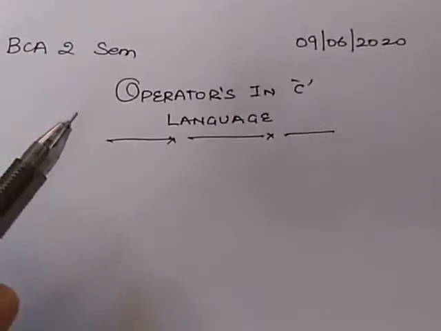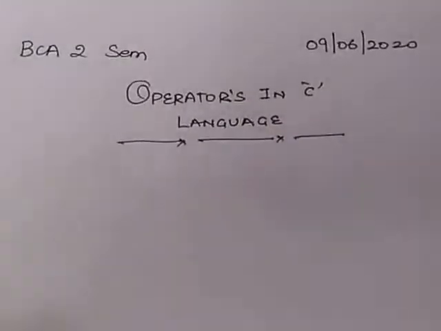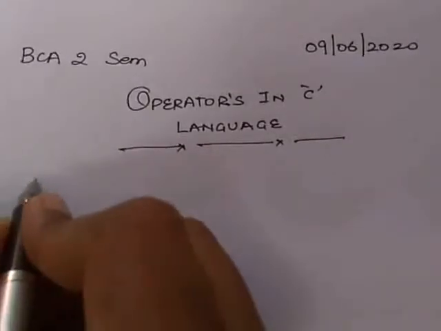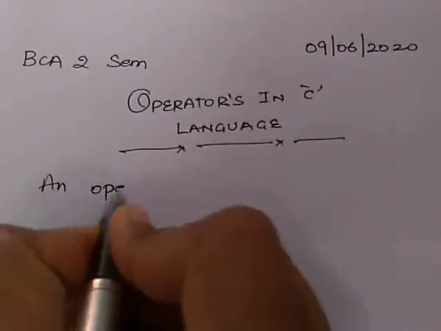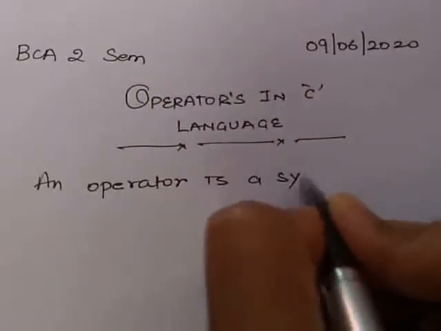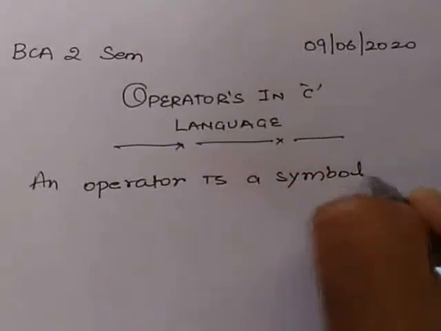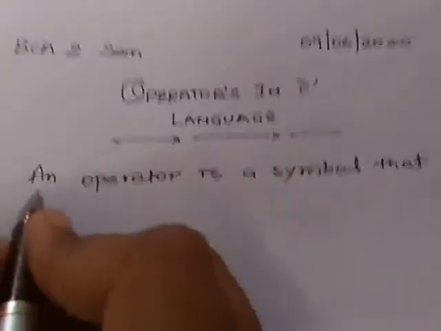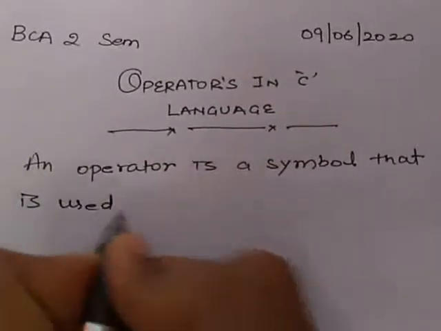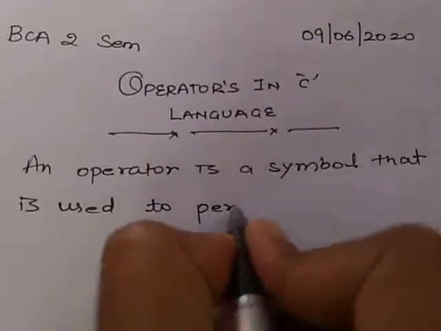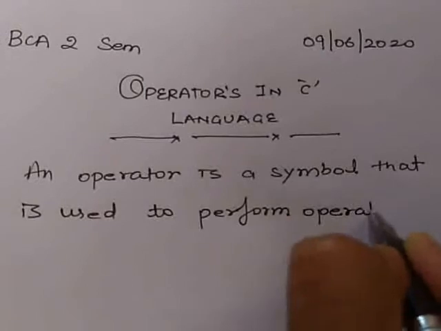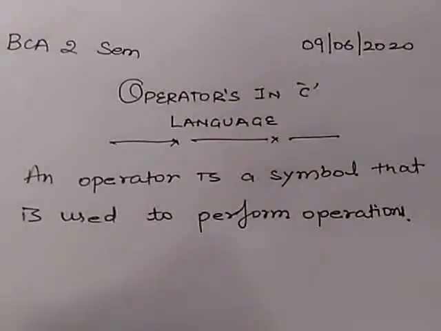Today we will discuss operators in C language. Now, what is an operator? An operator is a symbol that is used to perform operations.